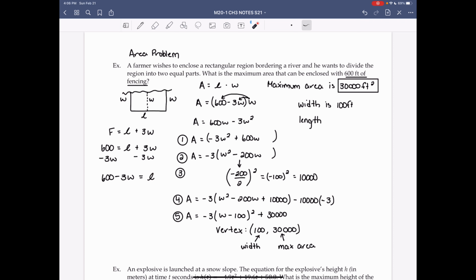Length is 600 minus 3w. So length equals 600 minus 3w, which equals 600 minus 3 times 100, which is 600 minus 300. 600 minus 300 is 300. So 300 feet is the length.